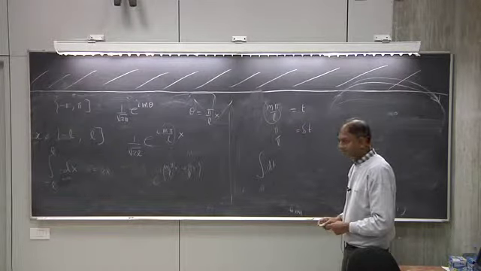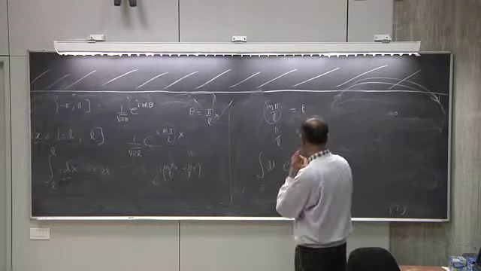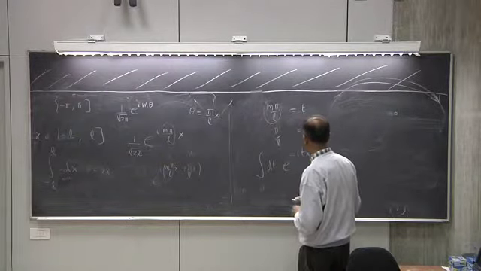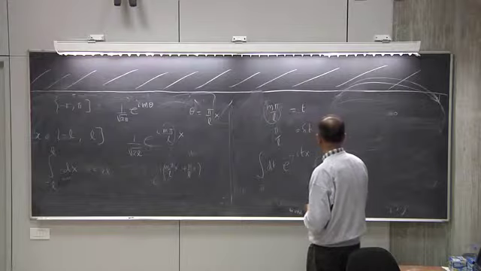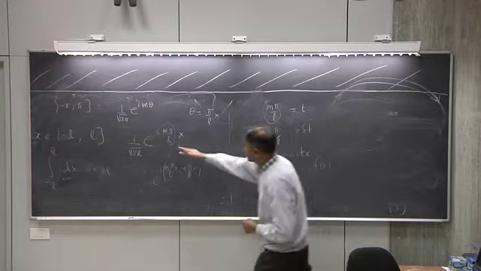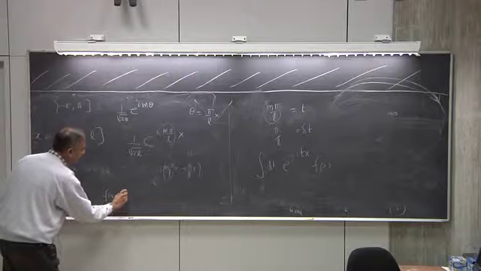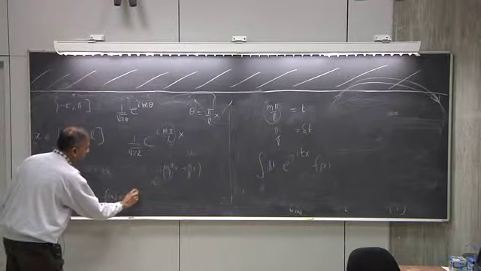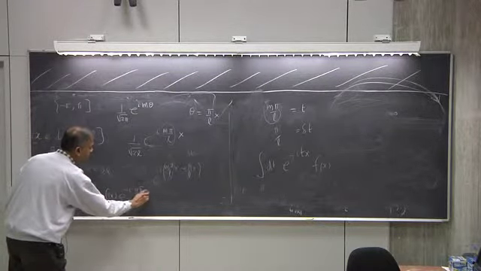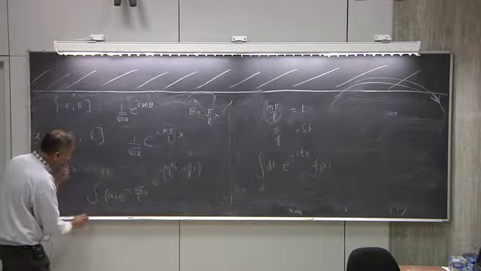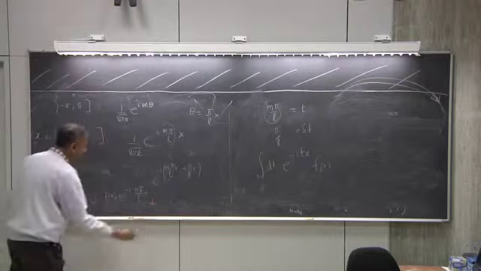Okay. After all, if you start considering such an object, e to the minus i dx times f of x, right? When you write the Fourier series, how did we write it? We wrote f of x, I mean, instead of theta, I call it x now, e to the power of minus i m pi by L x, integrated over x, dx.